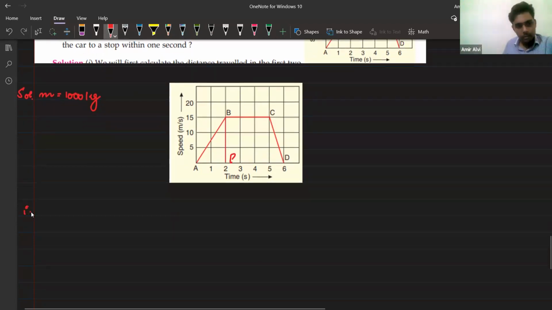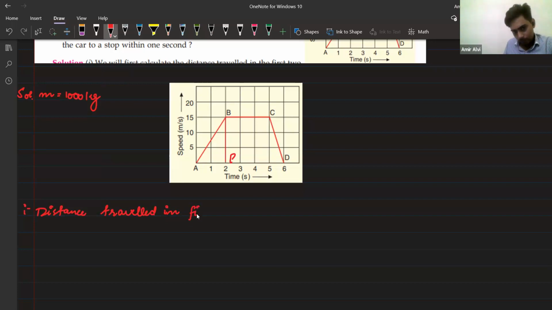So the first 2 seconds will be the area of triangle ABP.